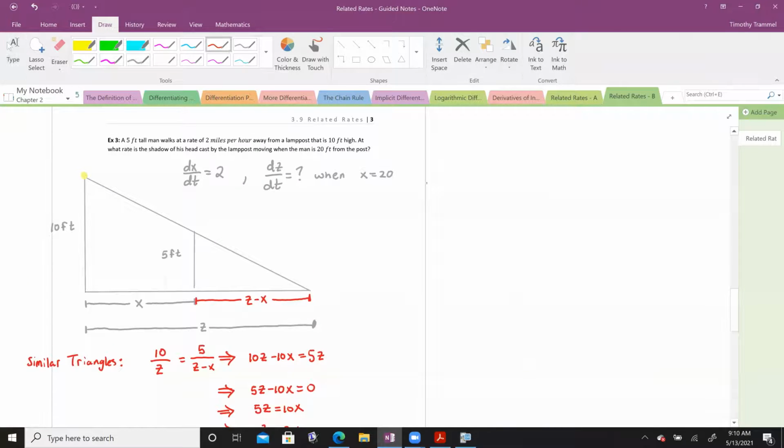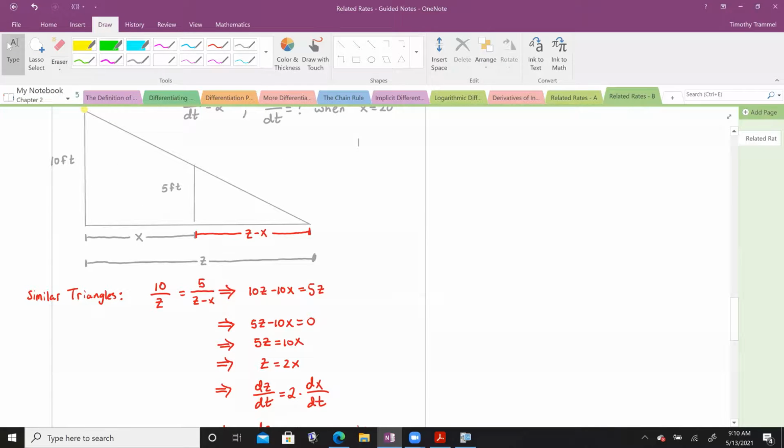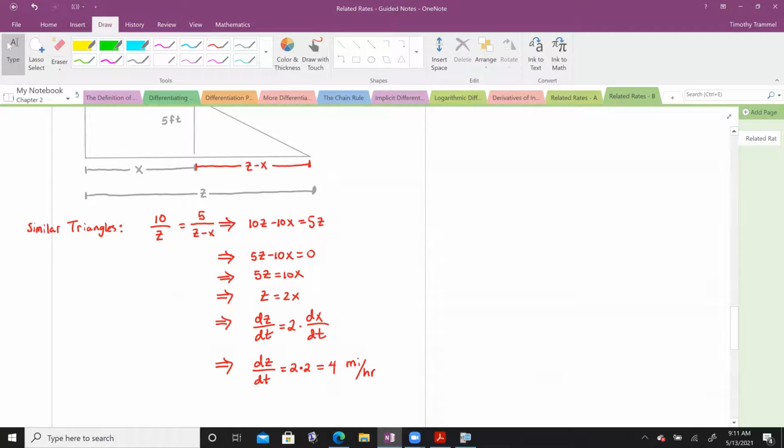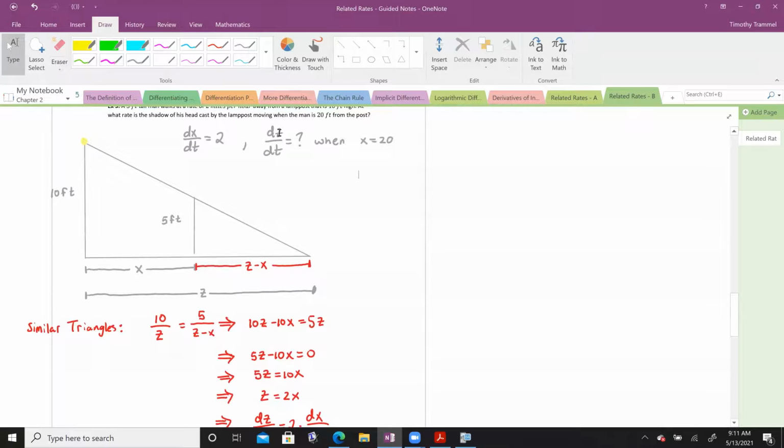So even though we didn't need this X equals 20, what it means that we didn't need X equals 20 is that this shadow is actually moving at the same rate all the time. Or actually, I want to reword that. What this is telling us is that the rate at which this shadow is moving doesn't depend on the spot where this person is.